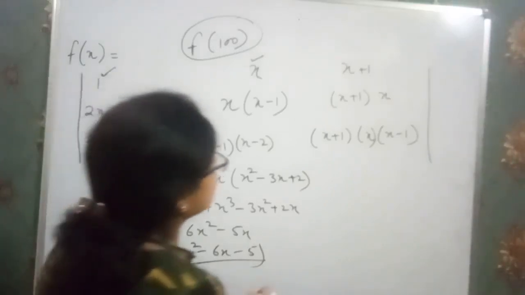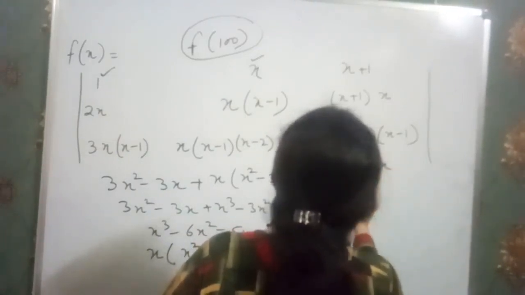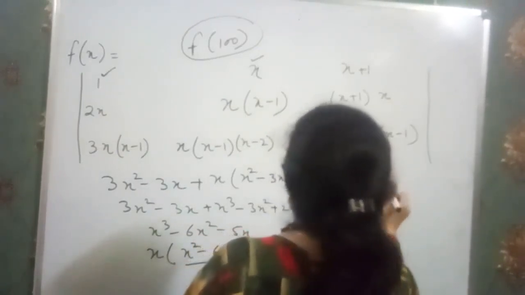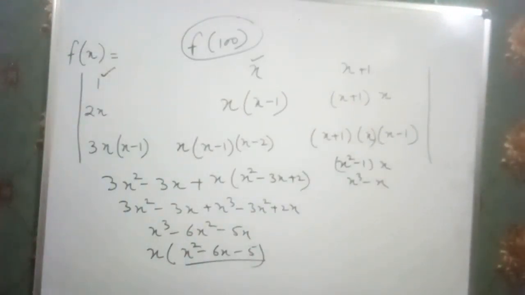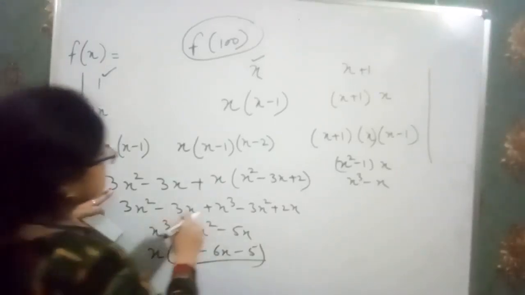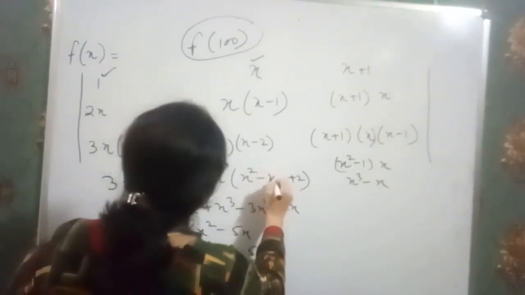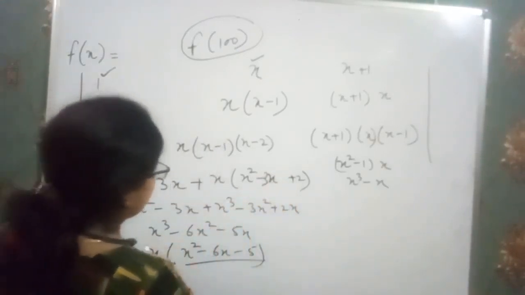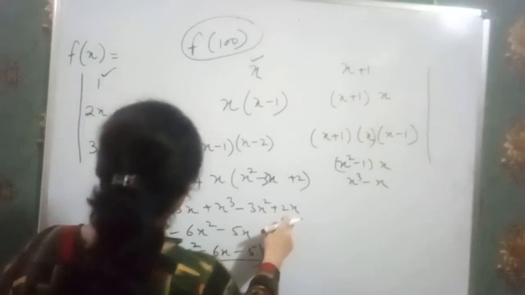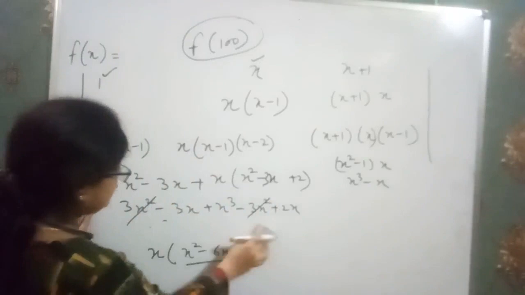That means x cube minus x. Just solve it. So after solving it, x square minus x minus 2x plus 2 minus 3x. So we have x cube minus 3x square plus 2x. It gets cancelled, and we have x cube plus x minus x.